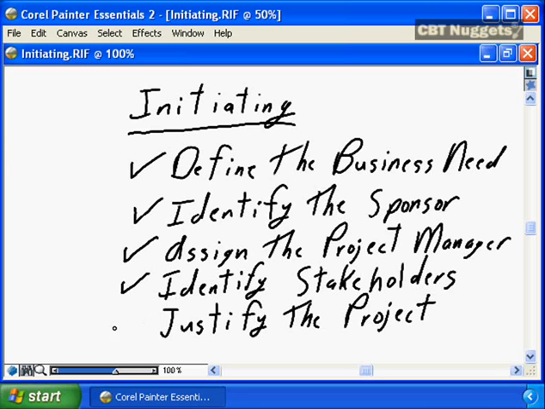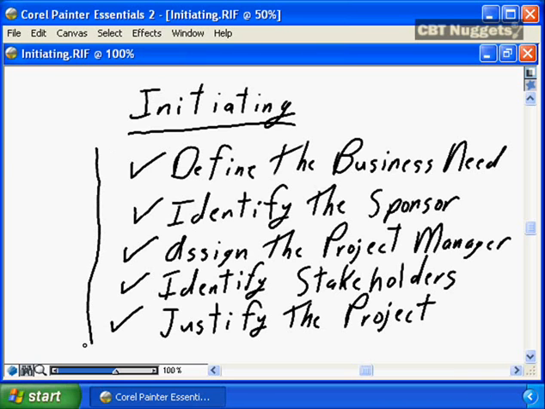This is all part of justifying the project, ensuring that the eureka moment that we just discussed is justifiable, that the project is reasonable, that it is doable, that the funding for the project is available, that the cost justification for the project, the cost-benefit analysis, is realistic, and that senior management will truly buy in and support the project. That's what initiating is all about.